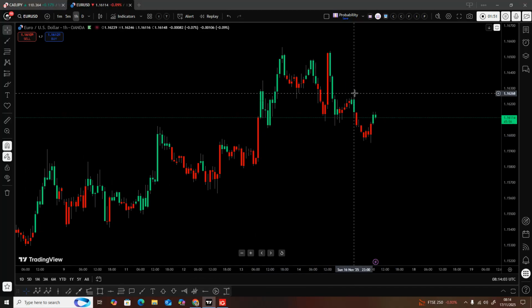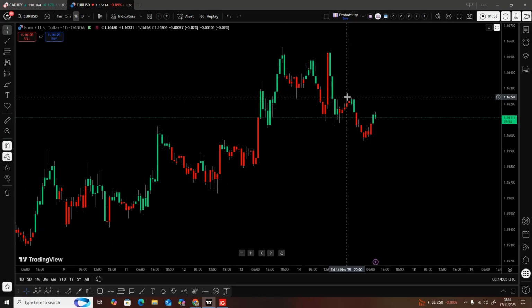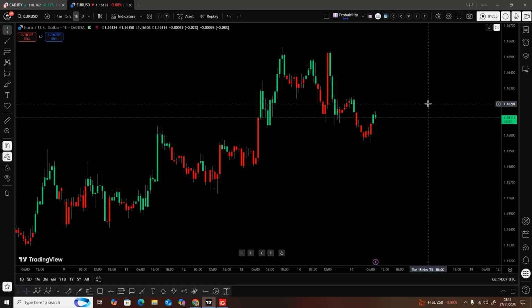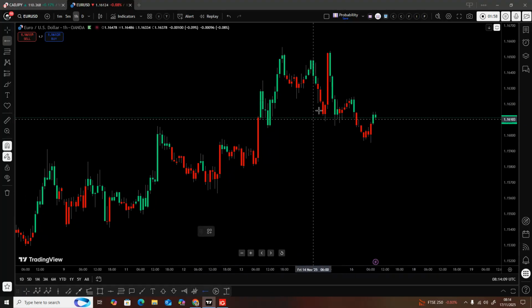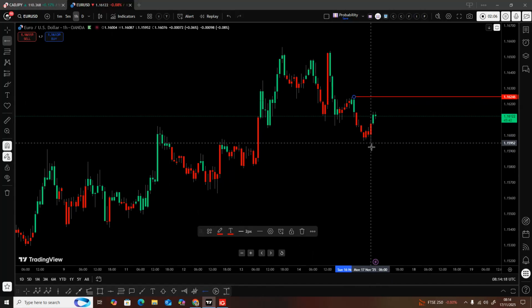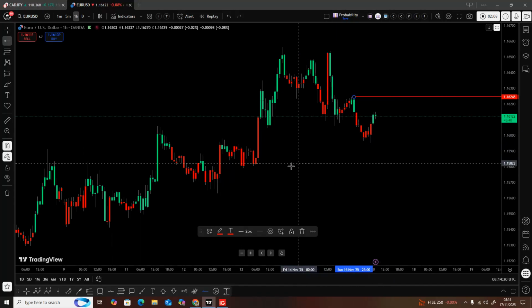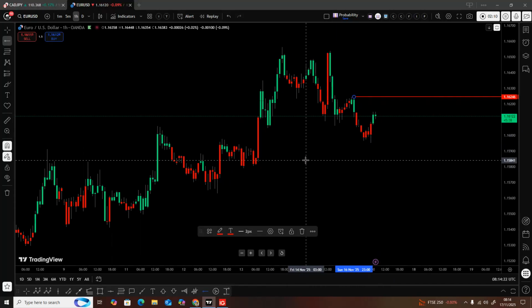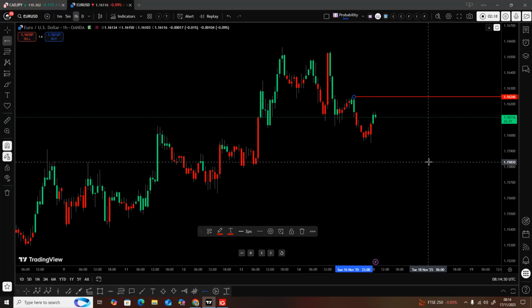This will be the first area we're going to be looking at selling the euro US dollar. I'm not going to go and buy the euro. The sell is the only trade I can see going forward in terms of the price formation and the price action.